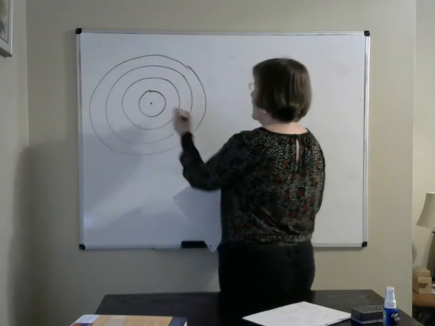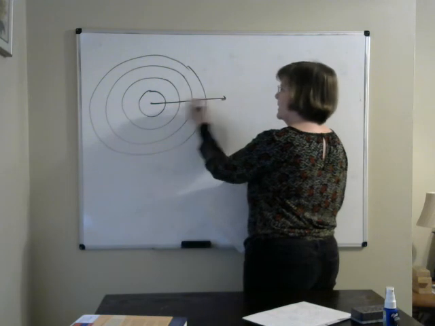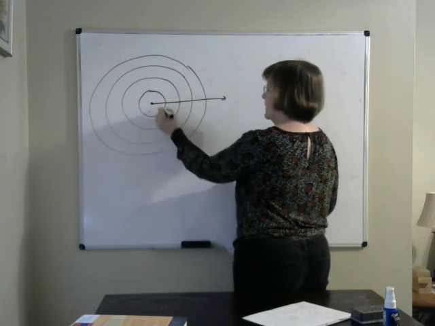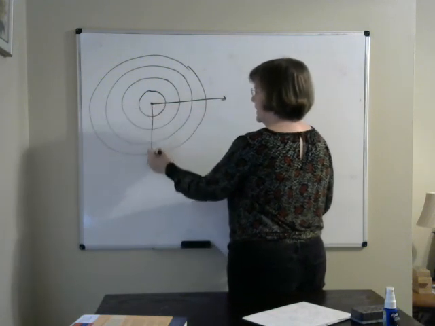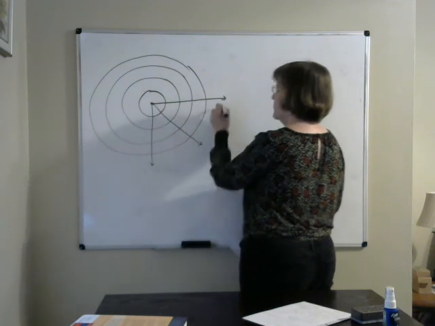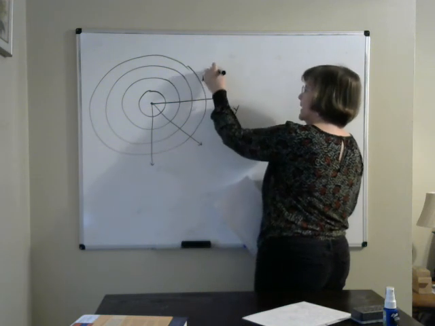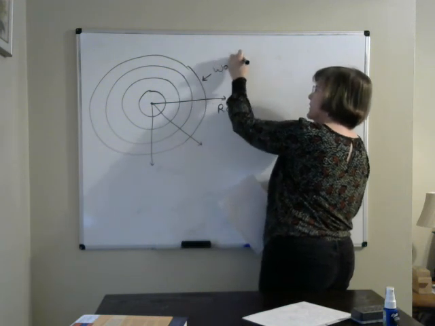If we draw lines that are perpendicular everywhere, think maybe this is like the sun here. These would be rays. These would be wave fronts.